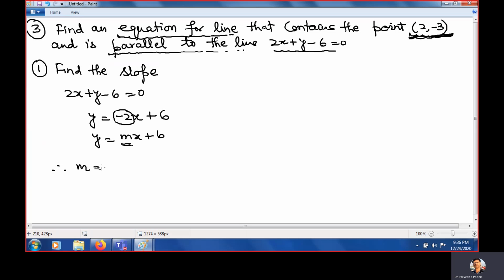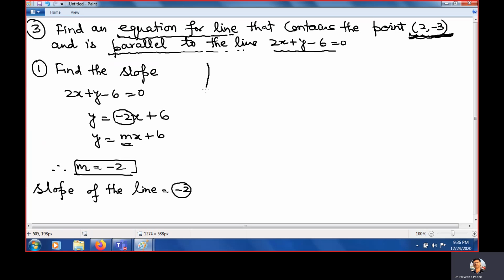Therefore, m equals minus 2. Clear? So the slope of the line is equal to minus 2. Now this is point number 1, we need to find the slope. Now point number 2 is the equation of the line.